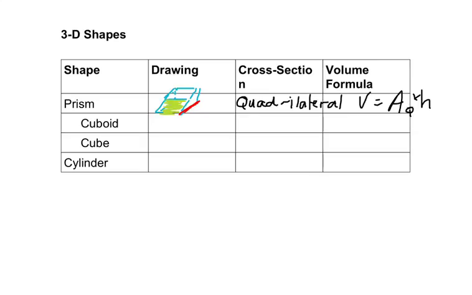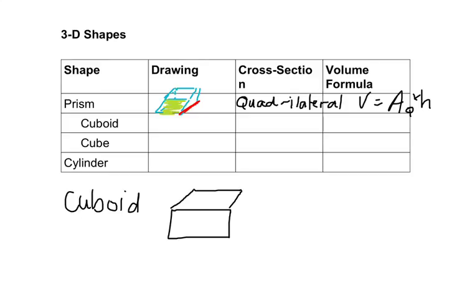We'll get more specific with our cuboid, which I'm going to draw down here. A cuboid has one side that is a rectangle. So there's a cuboid, and a cross-section is a rectangle.